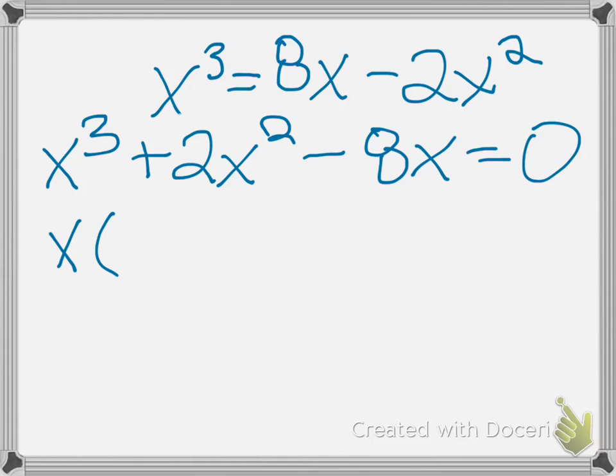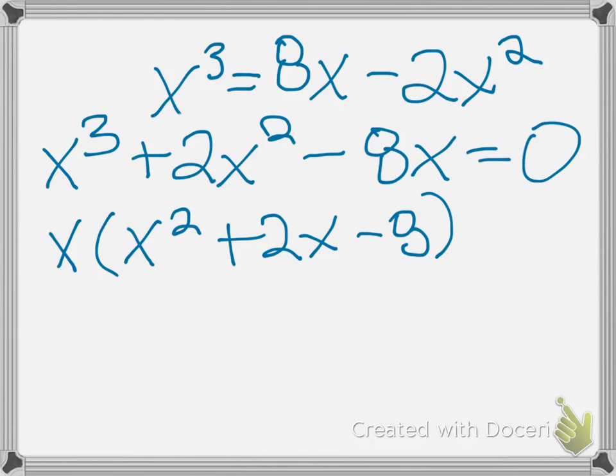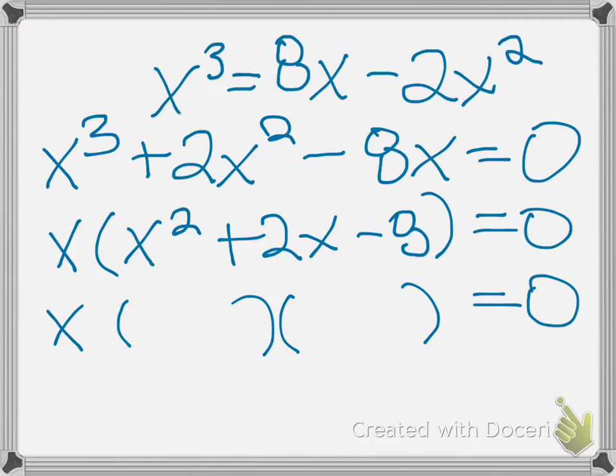So I pull an x out, and what's left over from each term is x squared plus 2x minus 8. Now we want to see if we can factor that trinomial, and fortunately we can. We look for factors of negative 8 that add to get positive 2, and of course those factors are positive 4 and negative 2.